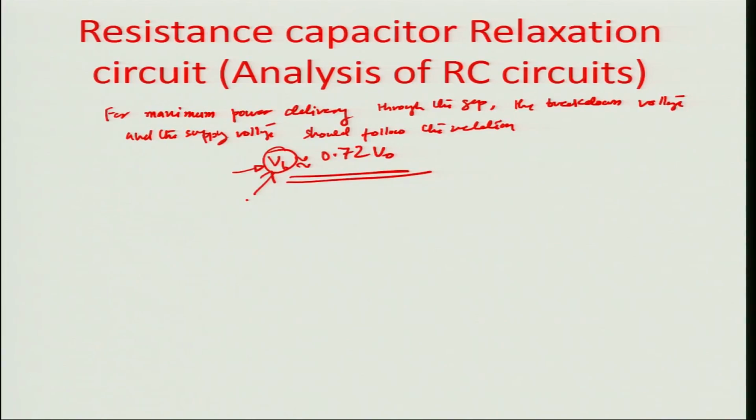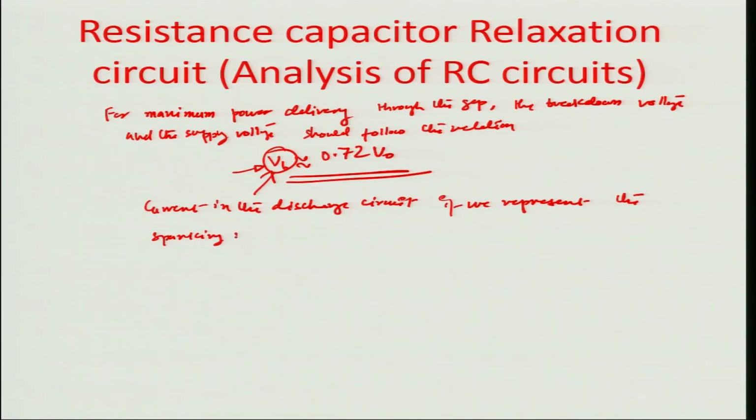So the current in the discharge circuit, if we represent the sparking resistance by, let's say, RS, would be equal to ID = -dq/dt = -C dVCT/dt.